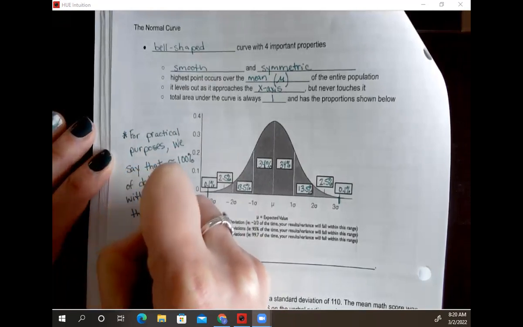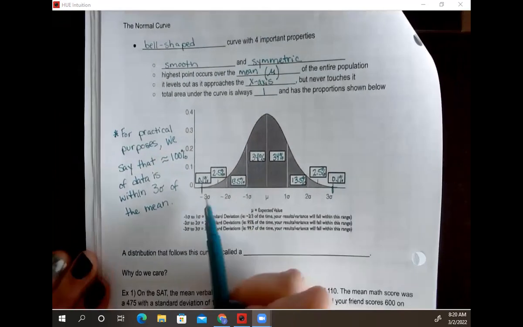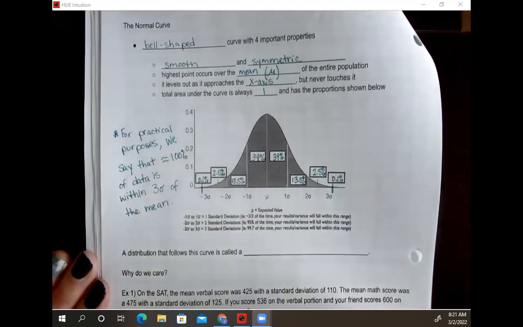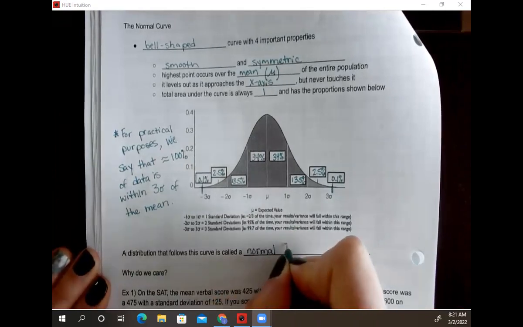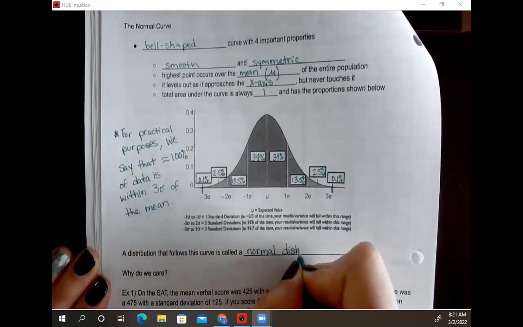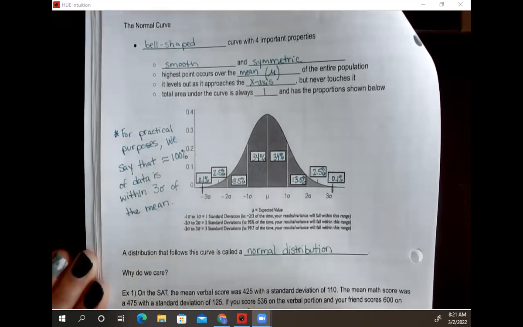We won't consider anything outside of 3 standard deviations. And again, anything outside of 2 standard deviations is rare. Okay. A distribution that follows this pattern is what we call a normal distribution. This would be a normally distributed set.